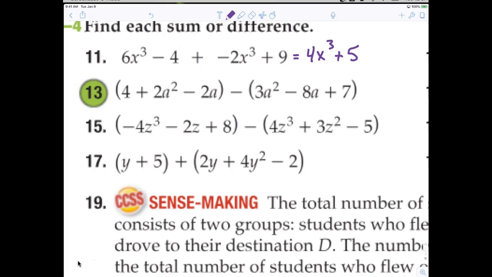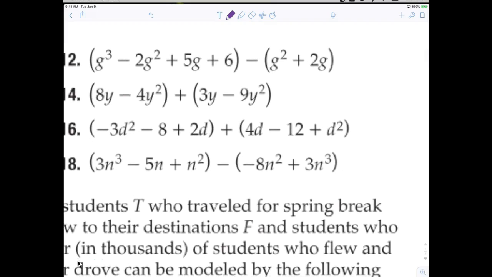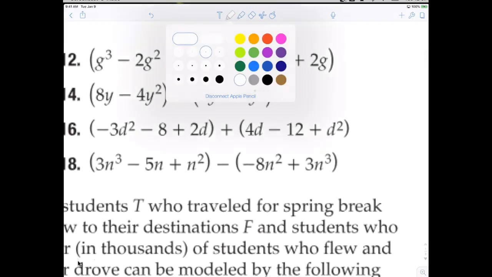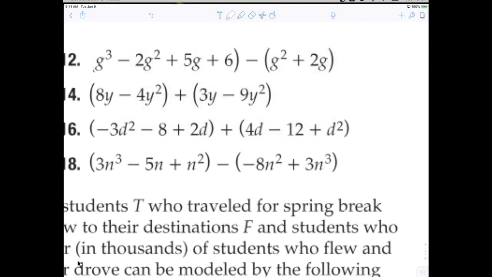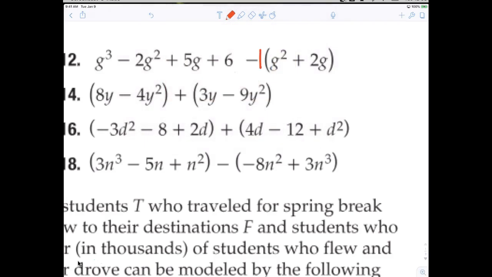All right? Subtraction is a little bit different. So now I want to talk to you about the subtraction on number 12. Again, this parentheses right here, there's no number out in front, so that's really not a big deal. Here, we are distributing actually a negative 1.